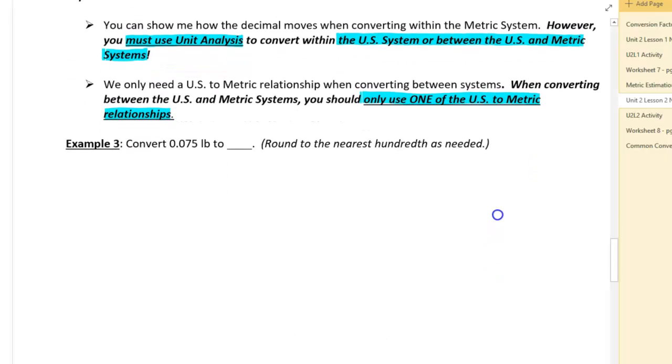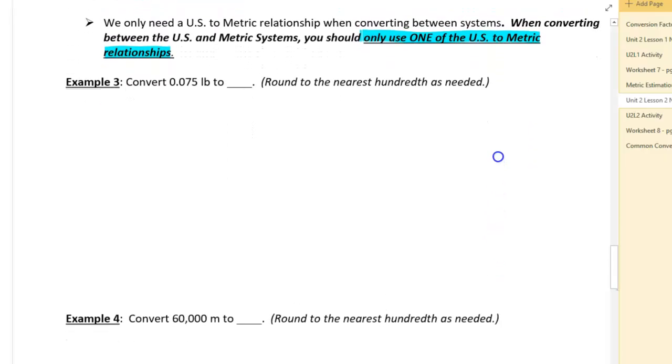Okay, so notice that in example 3, what we want you to do is to start with pounds, which is a measurement in our US system, and we want to convert to grams, which is a metric conversion. So whenever you're given one system and you're wanting to convert to another system, that's when you're going to need those conversion factors that convert between systems.